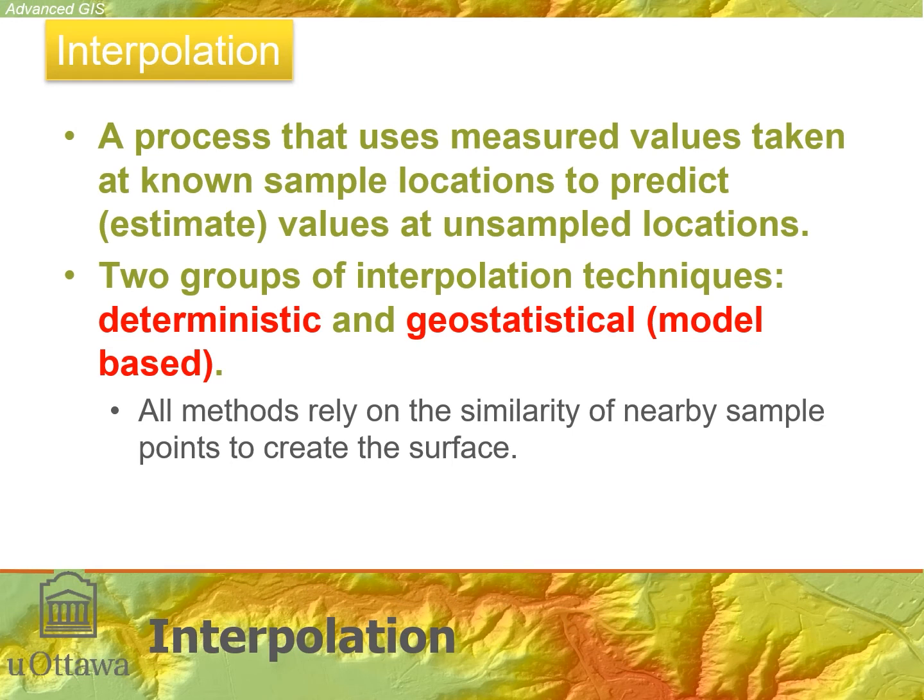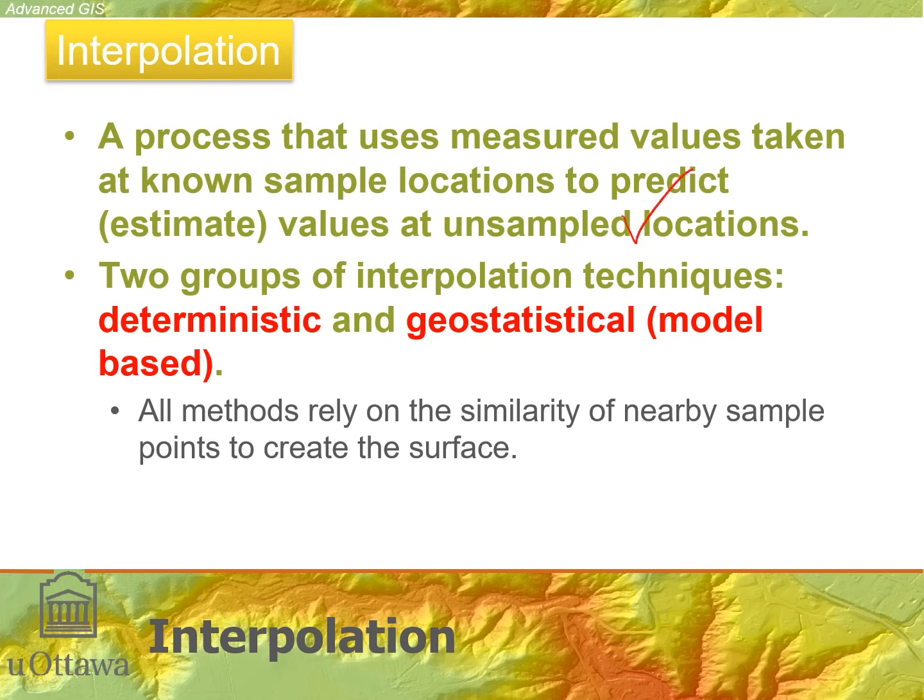In general, the definition of interpolation is a process that takes values that are measured in space at sample locations, and these are usually points. So points that have something sampled at them could be snow depth, it could be temperature, it could be any continuous quantitative variable. And we use those known locations to predict values at unsampled locations.